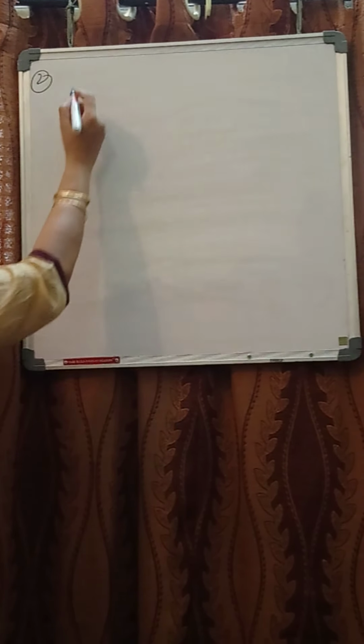Now let's discuss problems on numbers, children. Clear? Previously we discussed a problem on cost and articles, isn't it? So now let's discuss problems on numbers, children. In that let's do this problem.